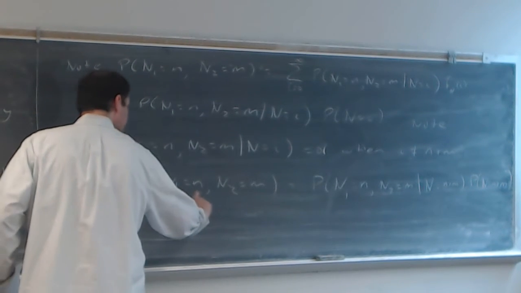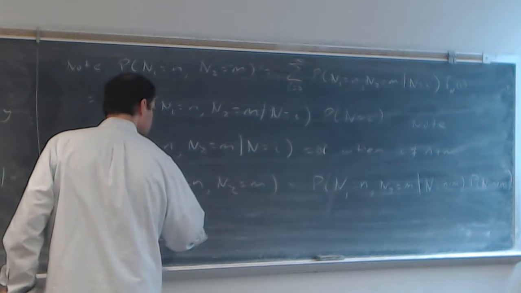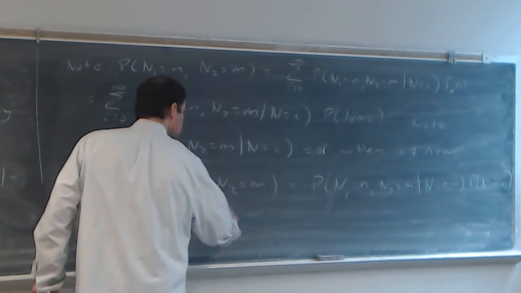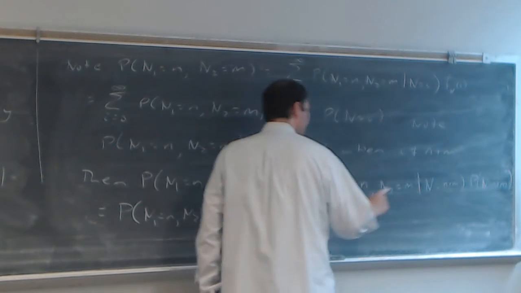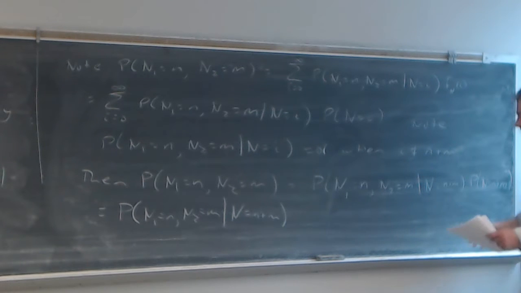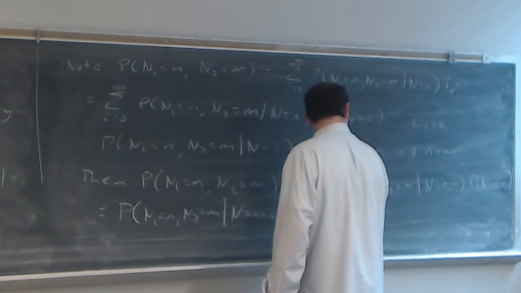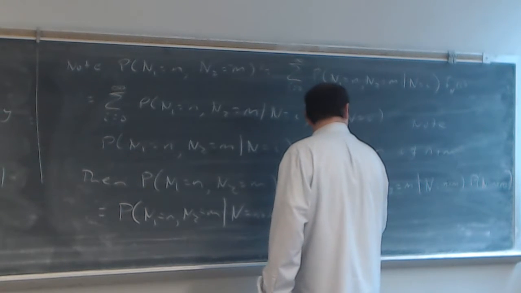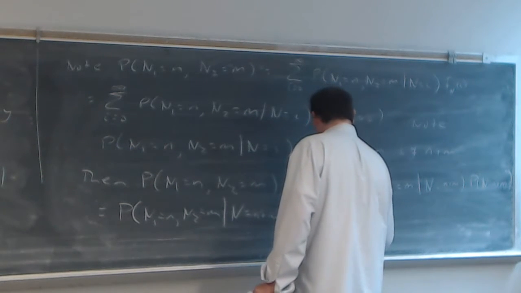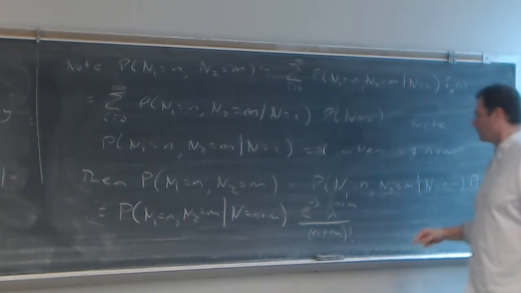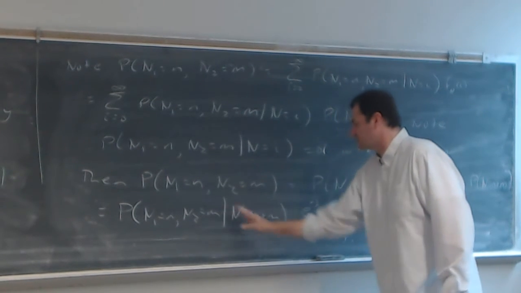Now that's equal to this conditional probability given big N is equal to n plus m. And remember, N was Poisson distributed with parameter lambda. So this is e to the minus lambda, lambda to the n plus m, all over n plus m factorial. That's that PMF evaluated at n plus m. So what we've got to work on is this conditional probability.